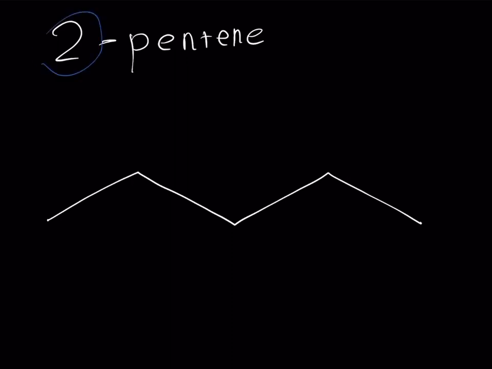When you see number 2 before an alkene like this, it means that the double bond is on carbon 2 and 3. If I number the carbons, and the double bond is between 2 and 3, you pick the lowest number. So that's why this is 2. If the double bond was here, you pick 1, so this would be 1. But in this case, it's between 2 and 3. So that's the structure for this alkene.